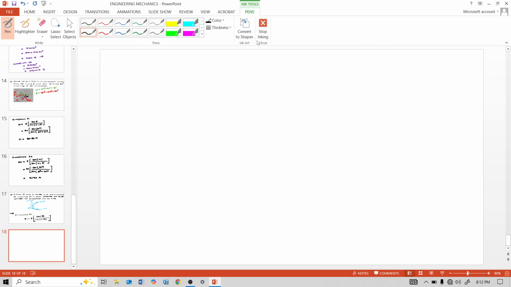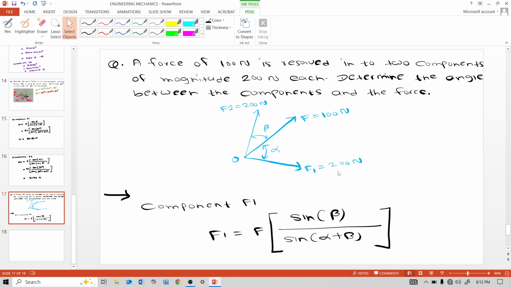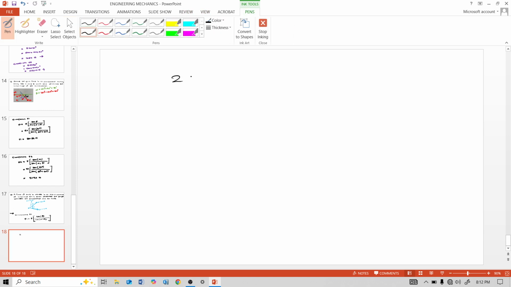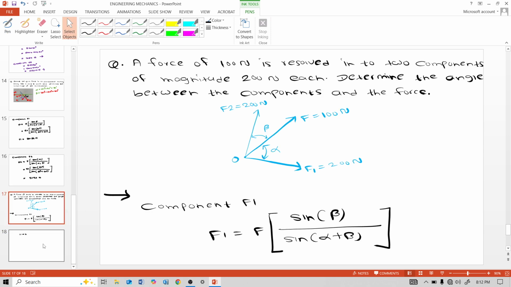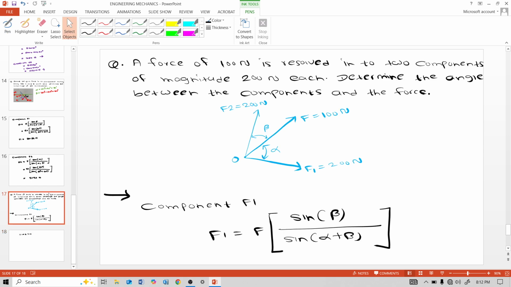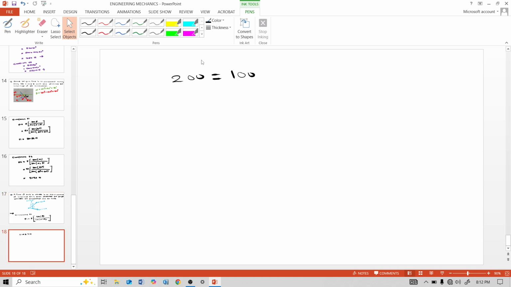So here, F1 is already a given quantity, it is 200 Newton. F is also a given quantity, 100 Newton. So beta will be our objective, and alpha also. So just write here: sine of beta upon sine of alpha plus beta.